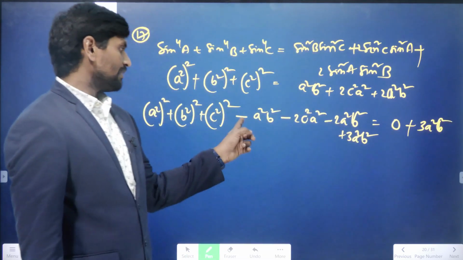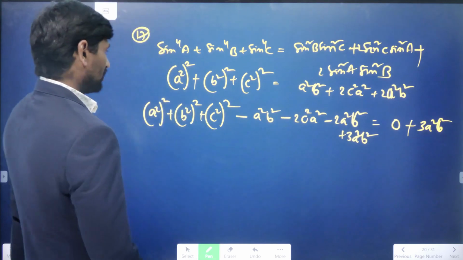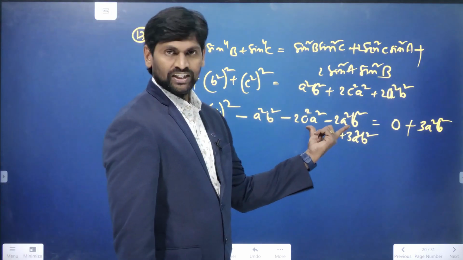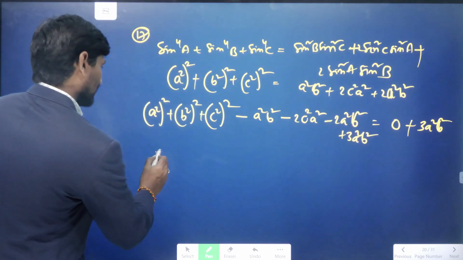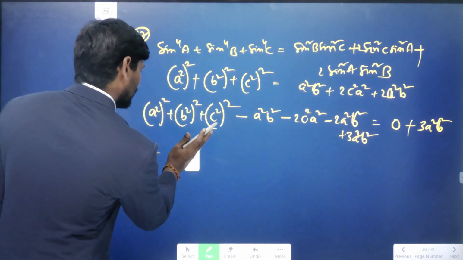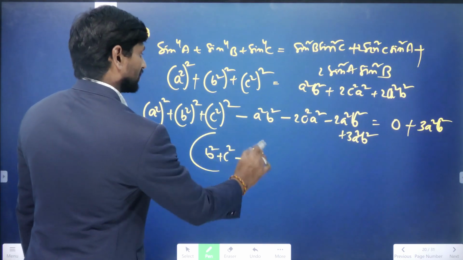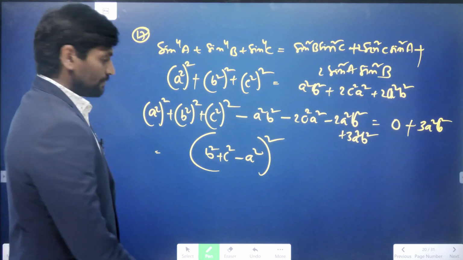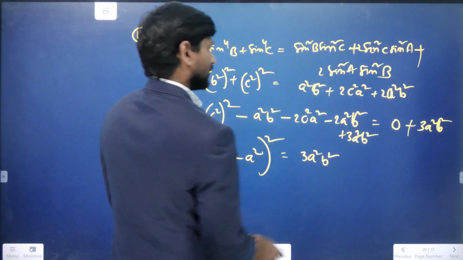Now here minus a square b square plus 3a square b square gives 2a square b square. That means while you are observing the remaining terms, common letter a is having the negative term. So from this I can write b square plus c square minus a square whole square, which will be the a plus b plus c whole square, that is equal to 3a square b square.